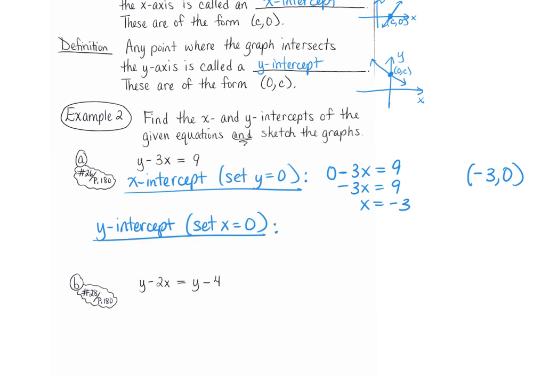So we get y minus 3 times 0 equals 9, which means y minus 0 equals 9, which means y equals? What does y equal? 9. So what's the point? 0, 9.